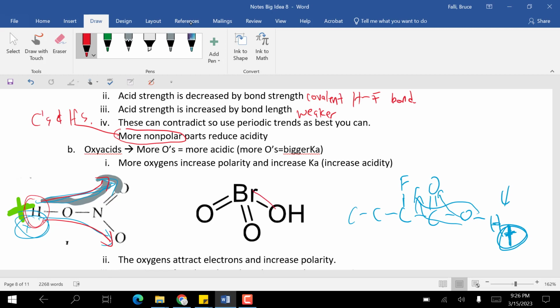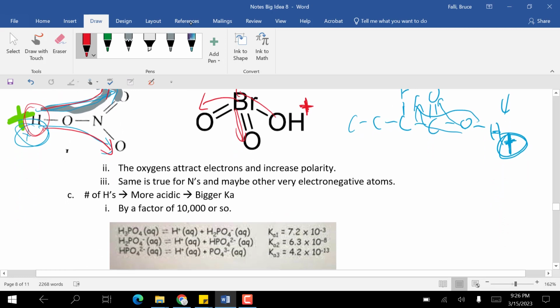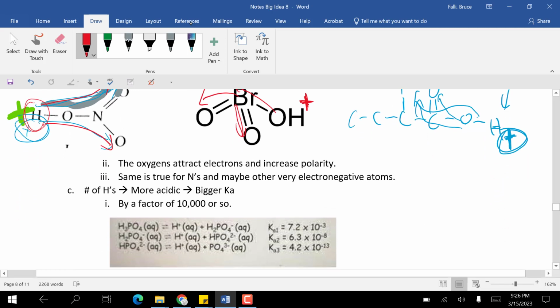Every O, the electrons want to go there, so if the pull of the electrons is over here, I'm left with a very positive H. So HBrO3 is stronger than HBrO. More oxygens increase polarity and increase Ka. The same is true for nitrogens and maybe other very electronegative atoms like fluorine.